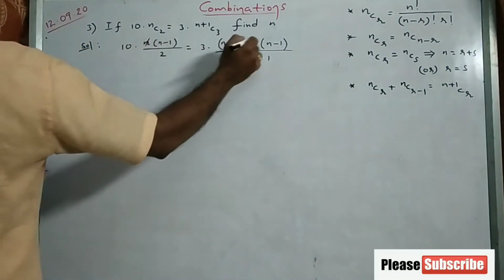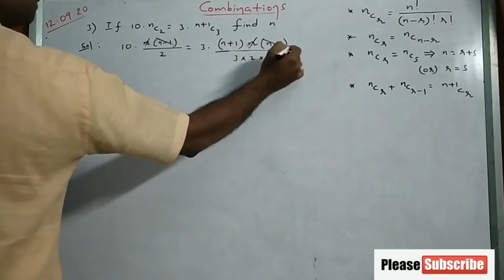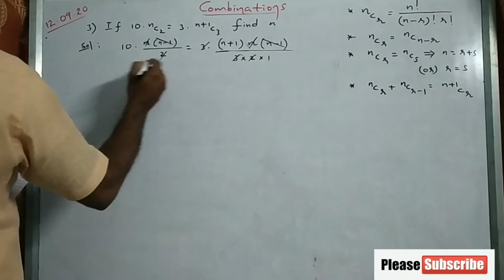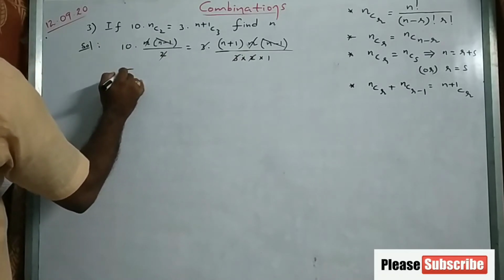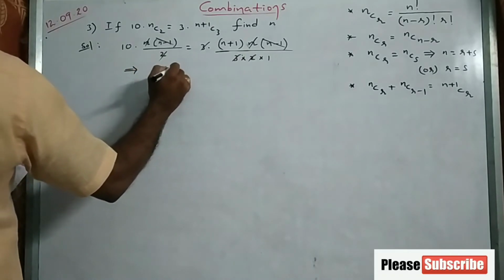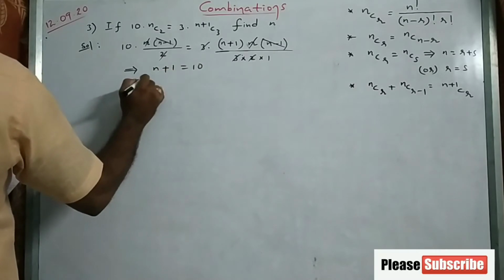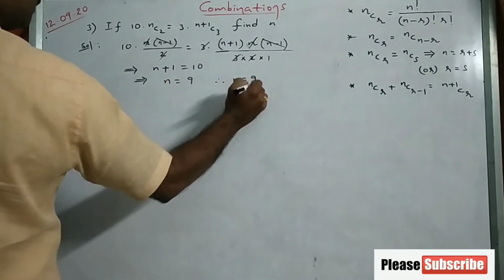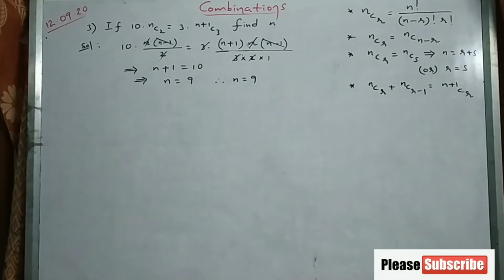Now n gets cancelled, n minus 1 gets cancelled, 3 gets cancelled, 2 gets cancelled. So what is the value of n plus 1 here? 10. So n equals 10 minus 1, 9. So the value of n here is 9. Okay? Next one.